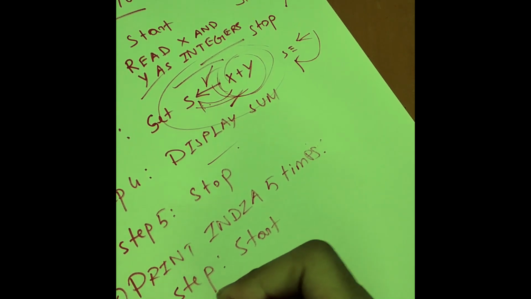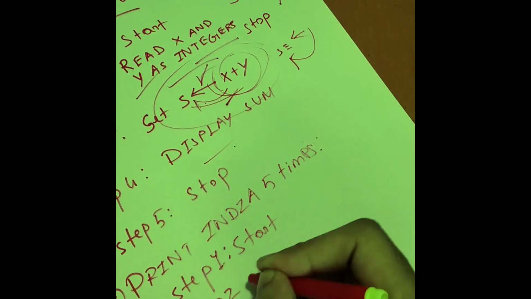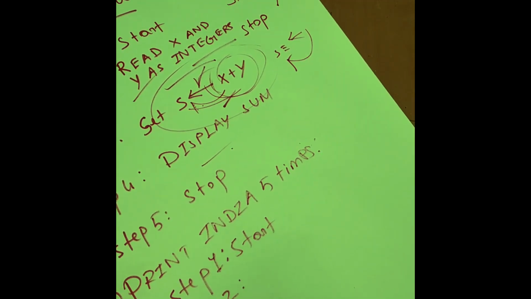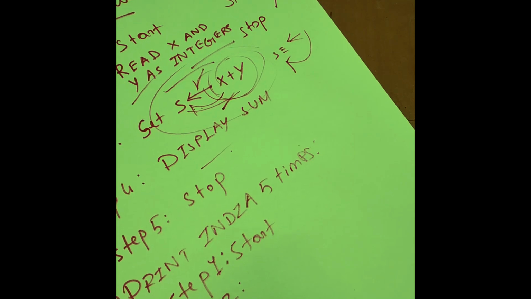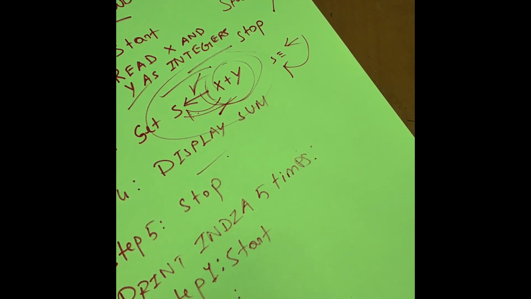Now, what should be my step 2? Step 2 should be something that holds the value of 5. Alright?